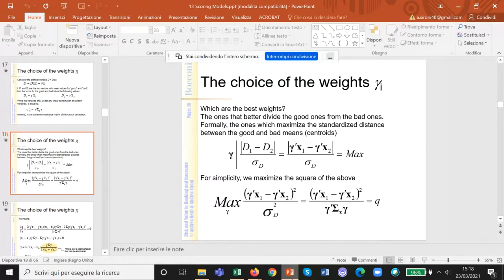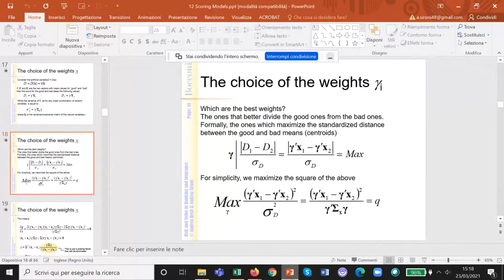Now, what are the best weights? The idea underlying discriminant analysis is that we should try to maximize the difference between the two scores, i.e., we should maximize the standardized distance between the good and the bad means. The good and the bad means are also called centroids in discriminant analysis.